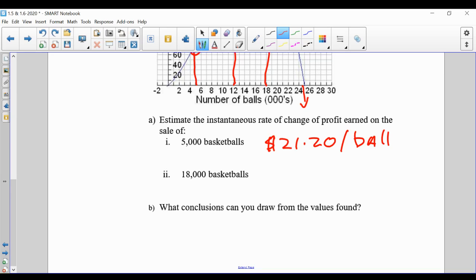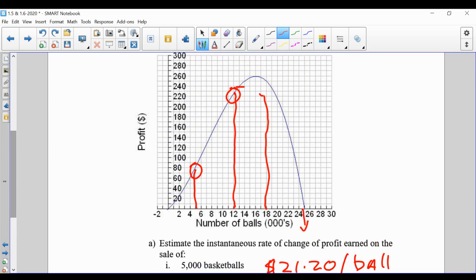We've all agreed that if we're still pushing it up to the 12,000 ball mark, that's going to be positive. Would you expect that number to be bigger or smaller in terms of it being positive compared to the 5,000 ball mark? Just comparing those two figures. We know it's positive, but would you expect it to be a bigger positive or a lower positive?